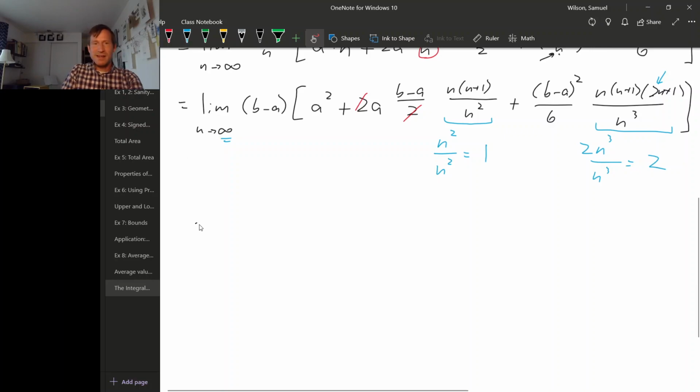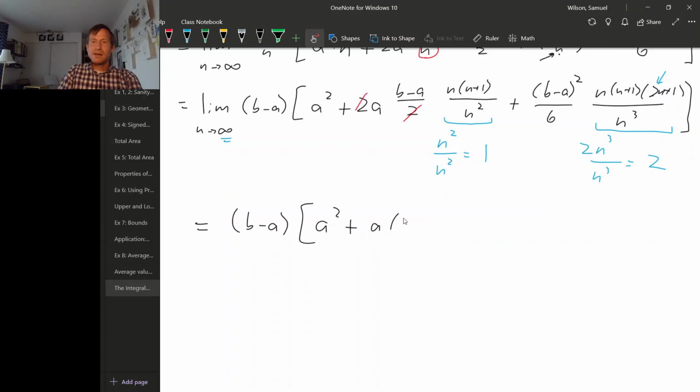All right, so now we can write down the limit. It's (b minus a) times [a squared plus, let's see, we have a times (b minus a) times the value of this limit, which is just 1, plus (b minus a) squared over 6 times the value of this limit, which is 2].